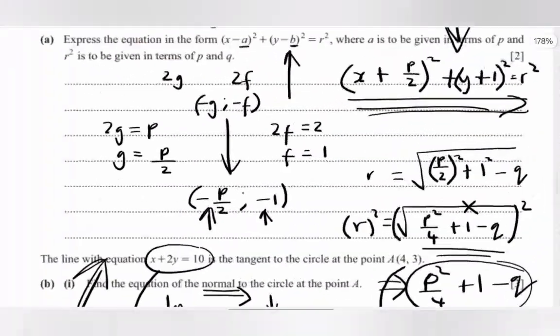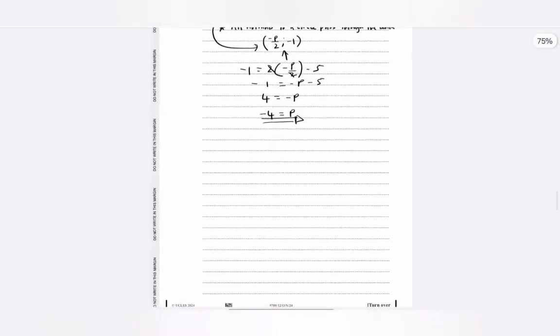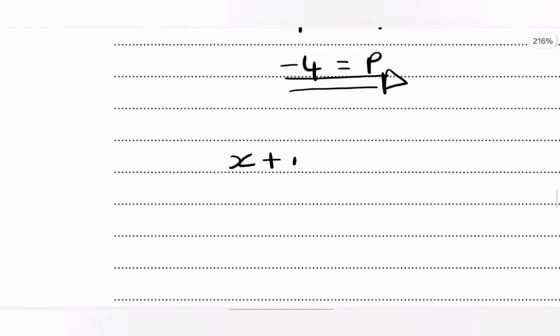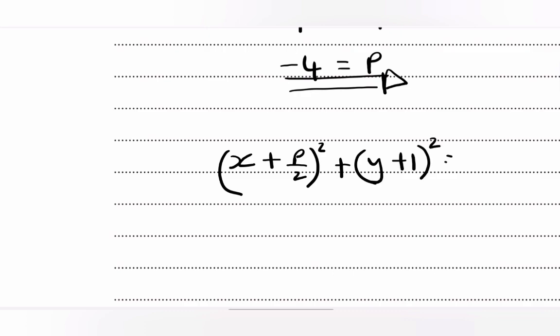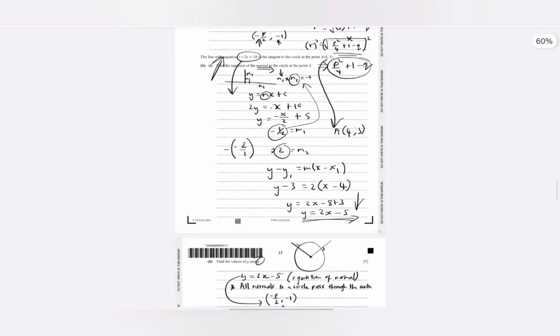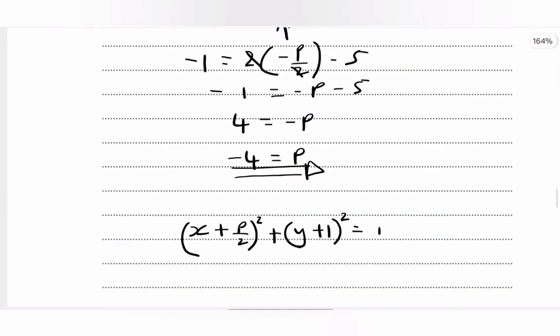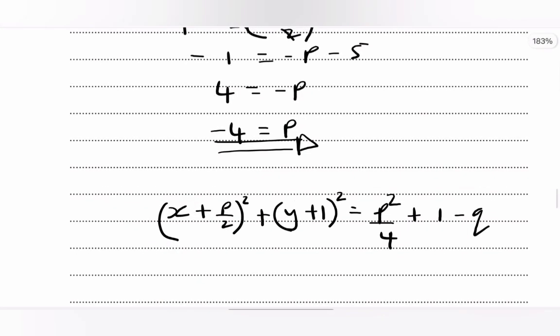So we're going to use this equation, the one that says (x plus p over 2) squared plus (y plus 1) squared is equal to p squared over 4 plus 1 minus q. And we're going to substitute the value of p first.